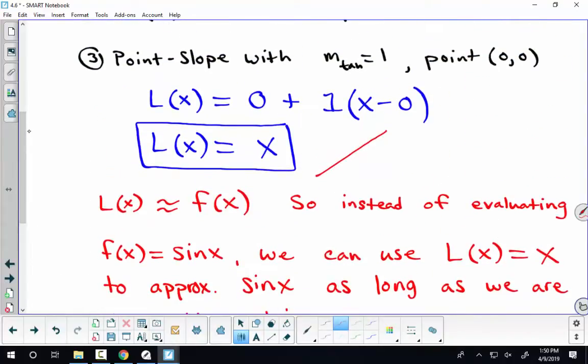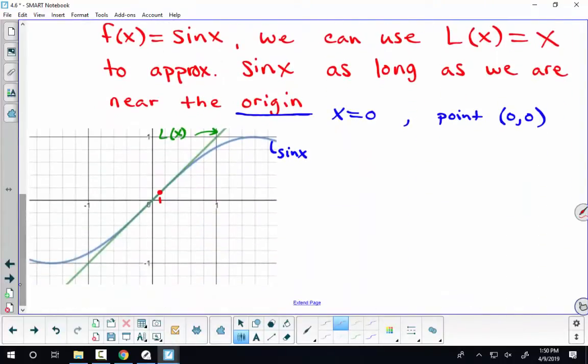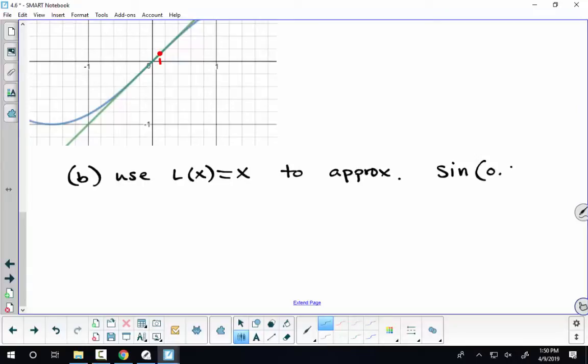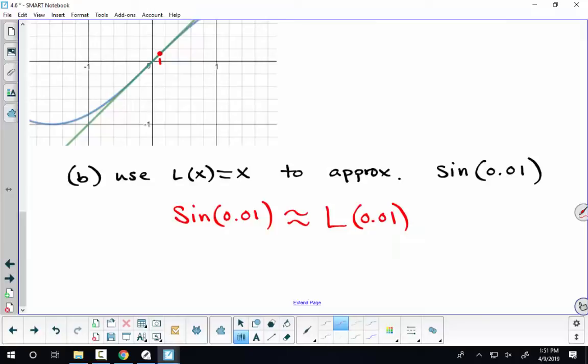We found our linear approximation, and we're going to use it to approximate the sine of 0.01. Like we notated earlier, the sine of 0.01 is approximately our linear approximation at 0.01.